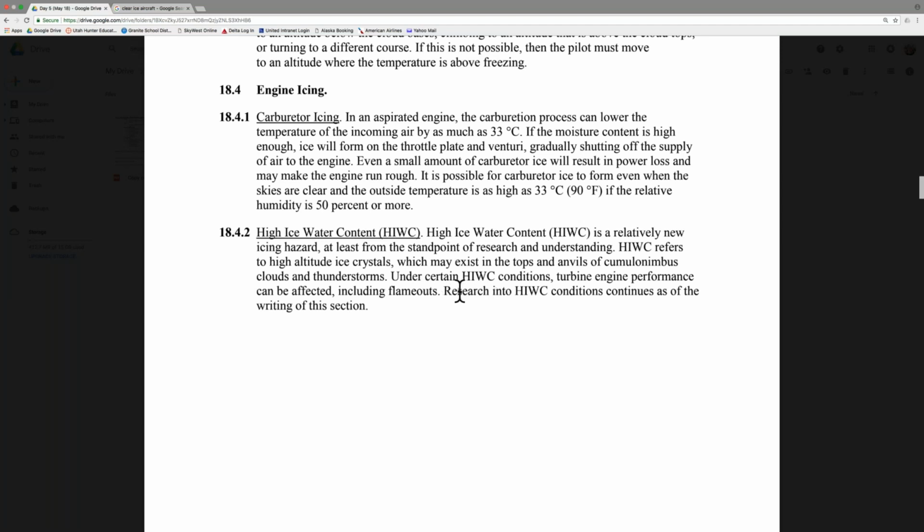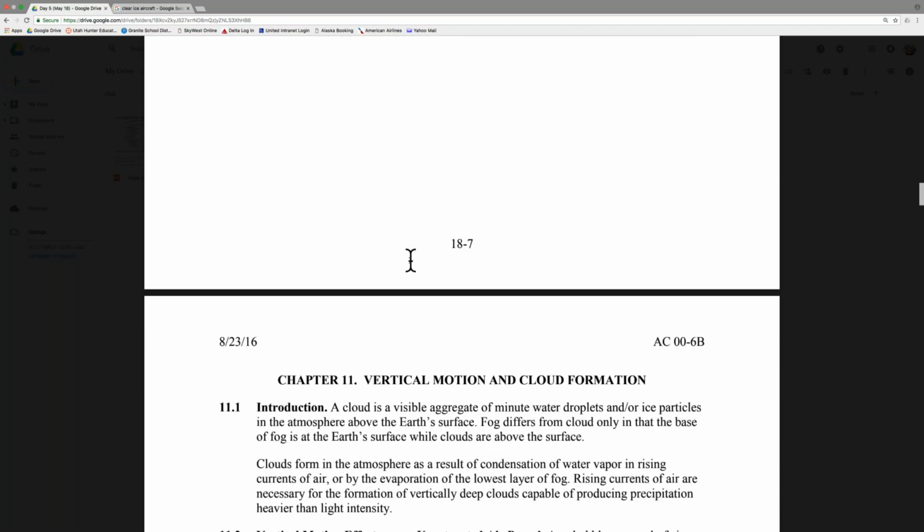So that's why we have that engine anti-ice, is because of this high ice water content getting sucked into the engines. A flame out basically is where the combustion stops occurring in the engine, and it's really hard to restart an engine when it's flamed out. So it can have the potential of losing an engine.